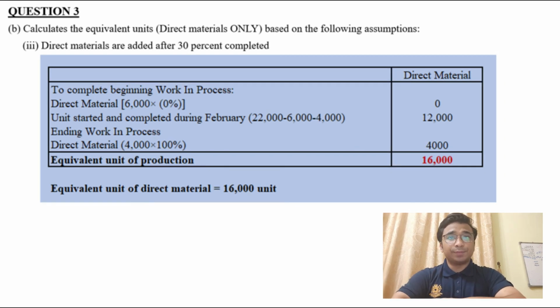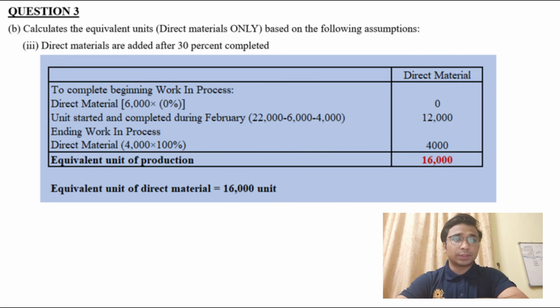As for question 3B, number 3, we need to calculate the direct materials added after 30% completed. For the direct materials, the calculation for the beginning work in process is still the same, which is 6,000 times 0%, resulting in 0 units. And for the units started and completed during February, still the same, which is 12,000 units.